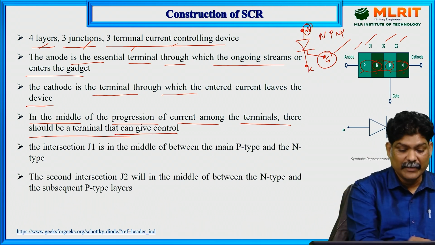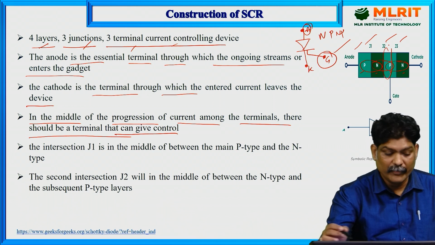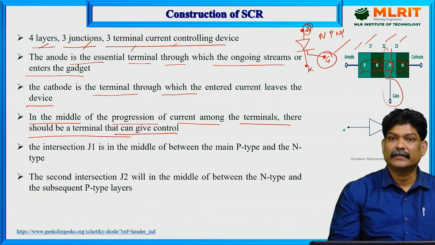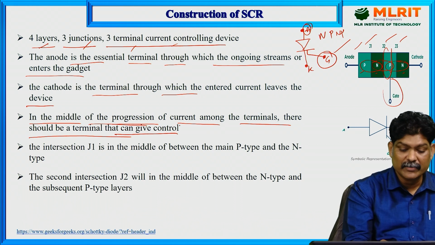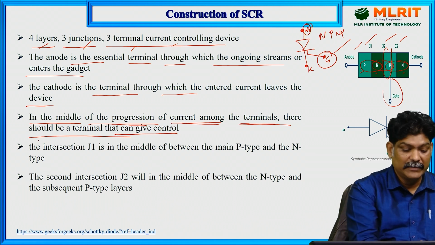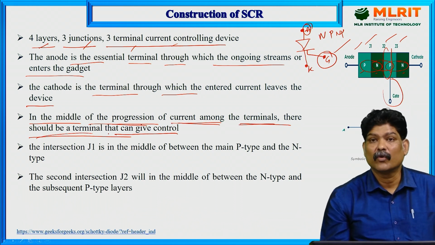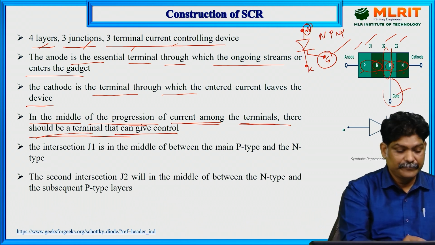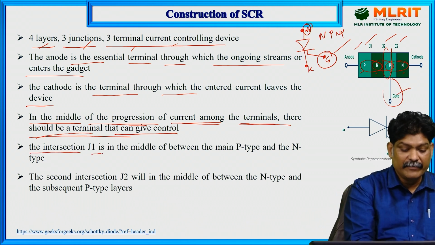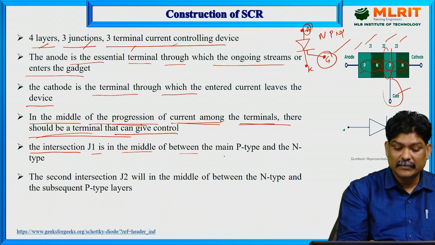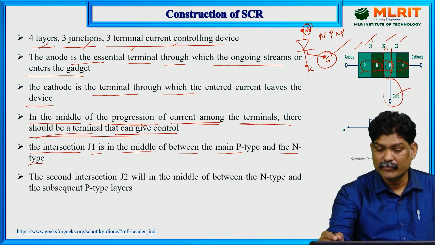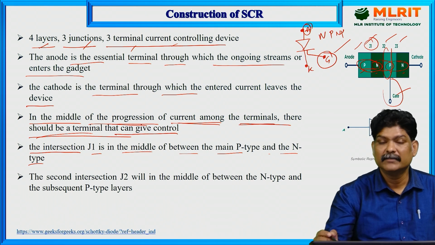See here in the middle, we have connected the gate terminal. So what is that control terminal? Gate. Junction J1 lies between the first P-type and N-type semiconductor layers, the first PN junction.